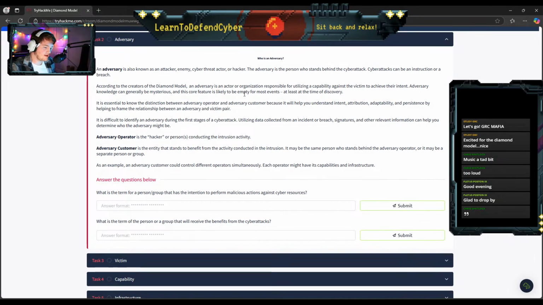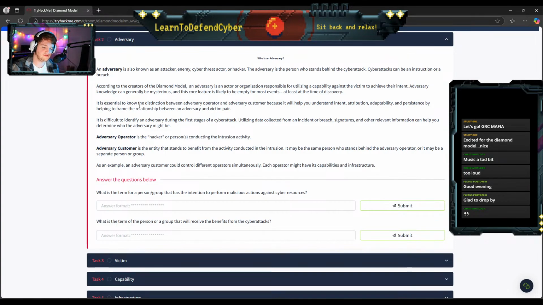Okay, so they're taking adversary in a more literal sense. You can have an unintentional threat, but I suppose with the diamond model, they're saying we don't actually have unintentional adversaries, and that during the discovery of an event or an intrusion, you may not have much information on who the adversary is because you haven't discovered everything you need to know.